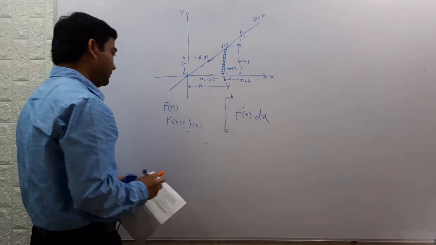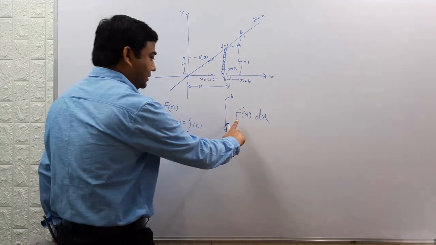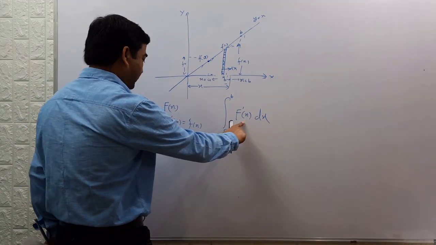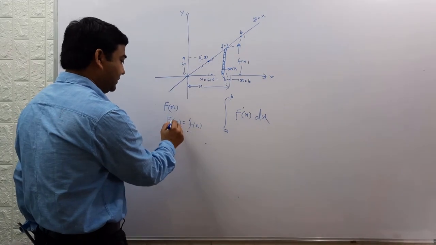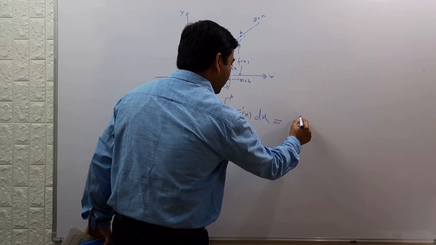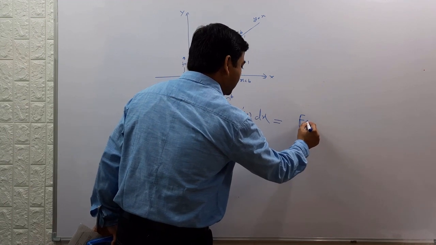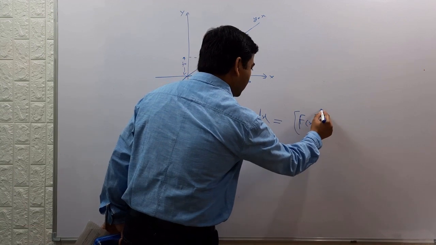And this is the derivative of F(x). The derivative of F(x) is equal to the actual function f(x), from a to b.